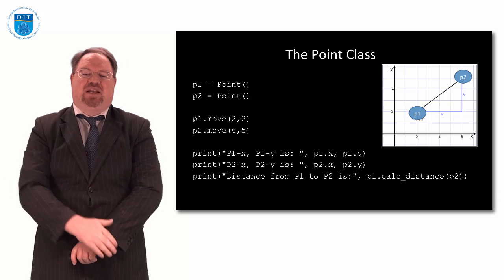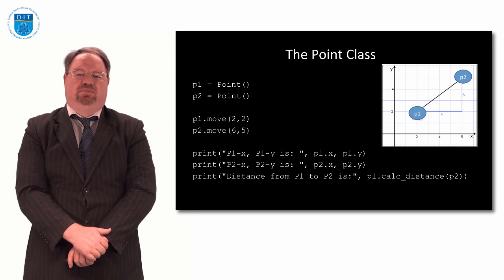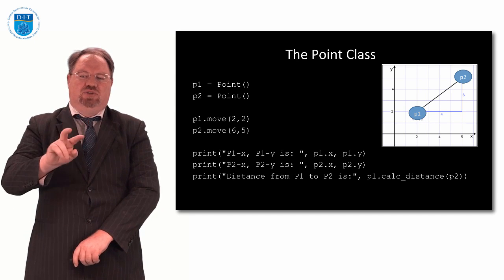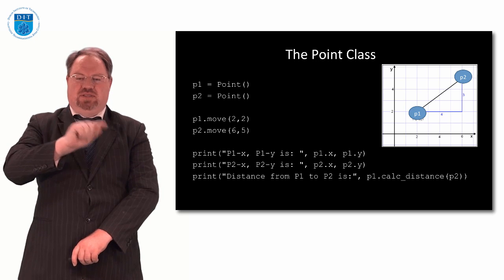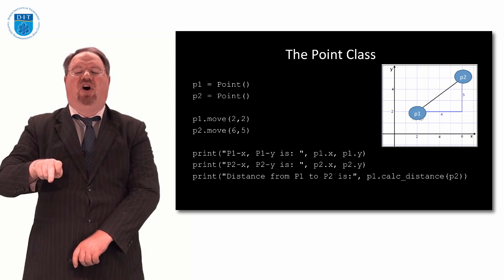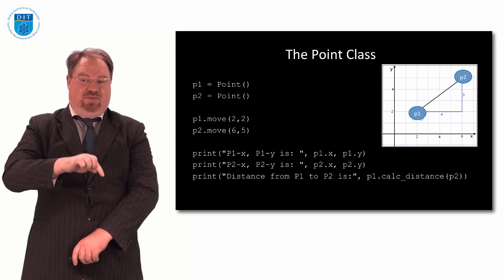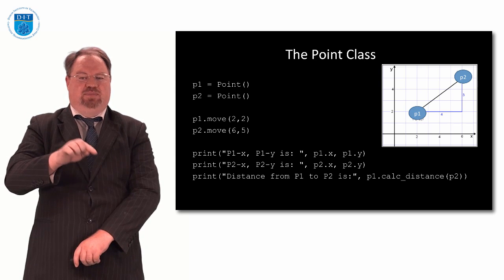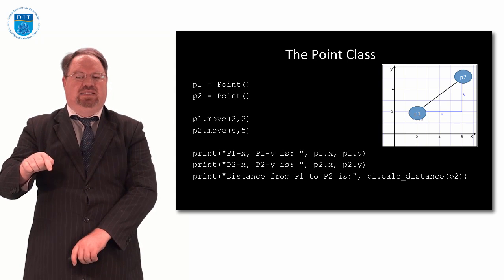We'll remember when we declared the calc distance method, we had two objects going in. One is called self, and the other is called other point. So the self is P1 in this case, because it's P1 dot, and we do calculate the distance.